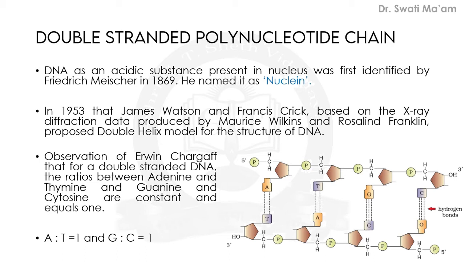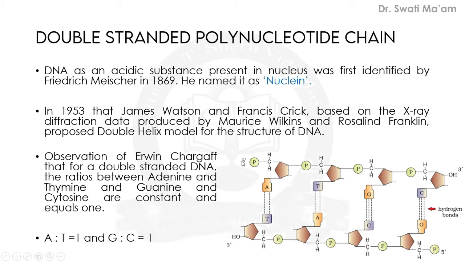In the previous slide you saw a single polynucleotide, but here two polynucleotide chains are shown. Here I am showing this one is a single polynucleotide chain and this is the opposite polynucleotide chain. Why opposite?